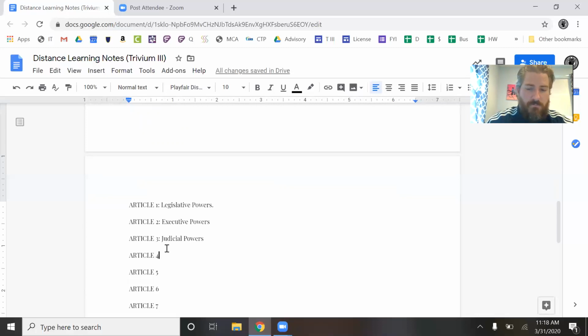Article 4 talks about, if you're following along, we're on page 3 in today's iCivics, page 3, Article 4. Article 4 is the relationship between the states and federal government.